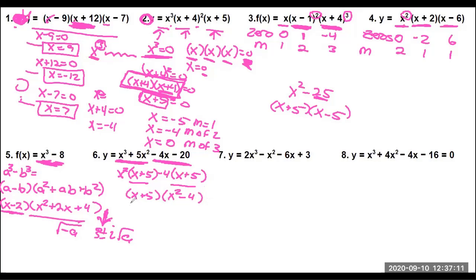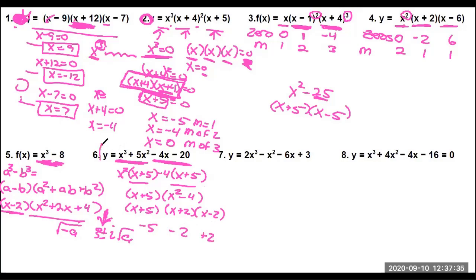Now, at the end of the day, this x squared minus 4 is factored into x plus 2, x minus 2. This is still going to be x plus 5. My x-intercepts are going to be -5, -2, and +2.